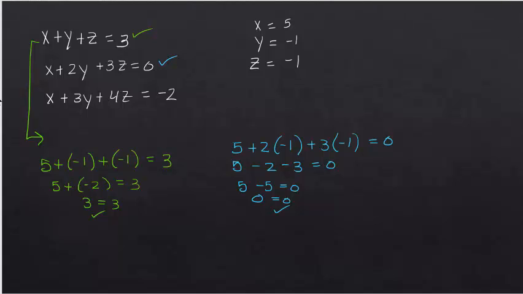And the last one, we have x. So we have 5 plus 3 times -1 plus 4 times -1 equals -2. 5 minus 3 minus 4 equals -2. 5, 4 negatives and 3 negatives is 7 negatives.